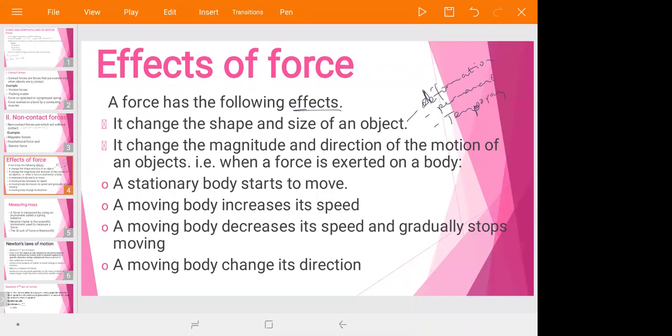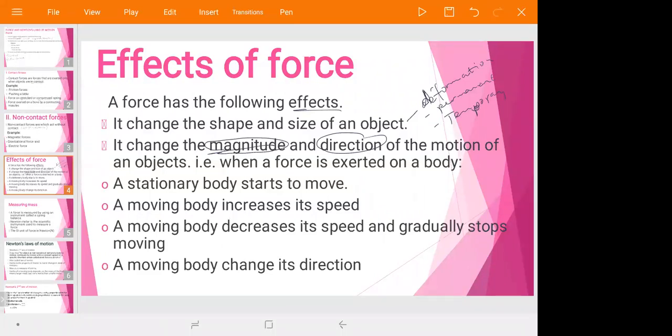The other point, force can change the magnitude and the direction of motion of a moving body or the motion of an object. That means when a force is exerted on a body, a stationary body starts its motion.